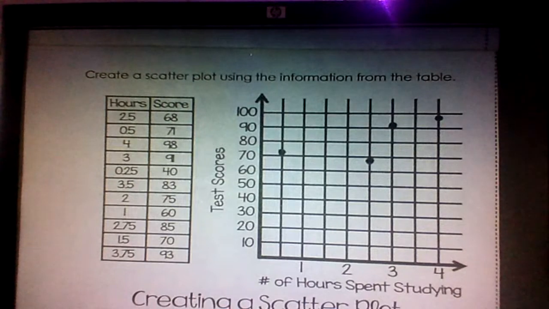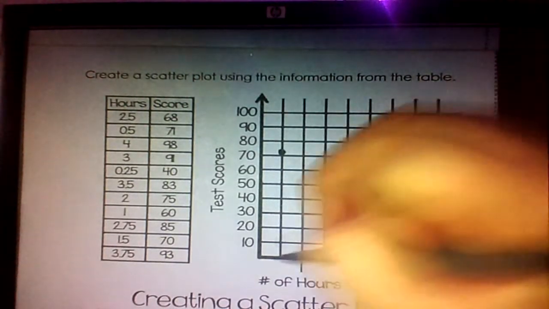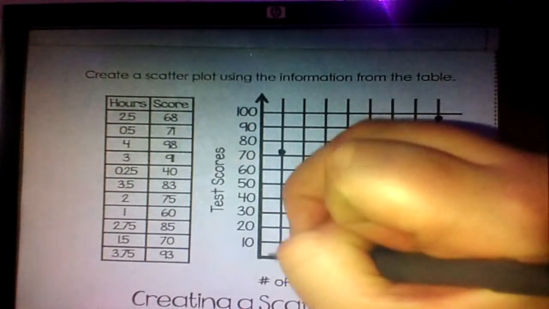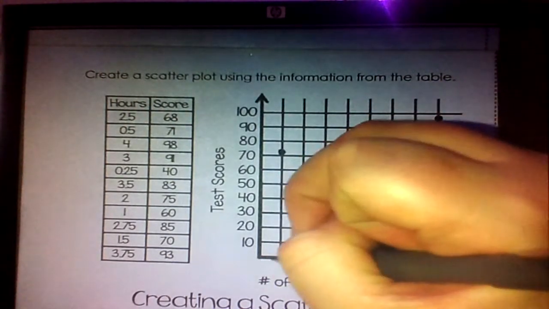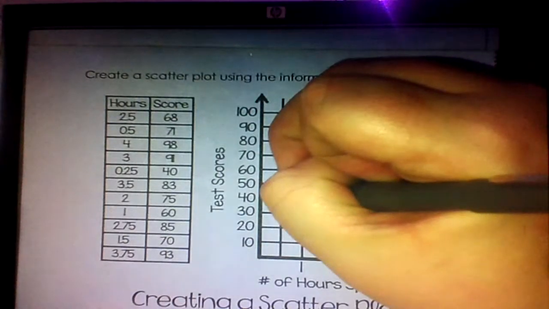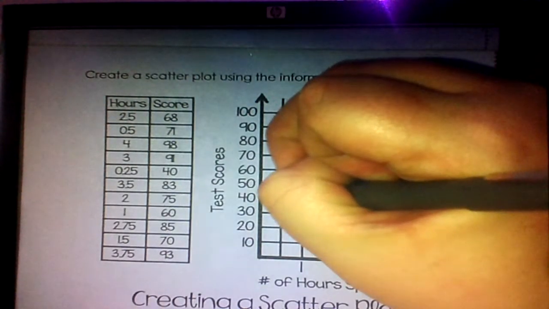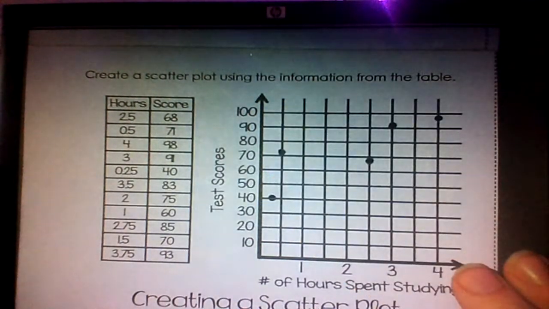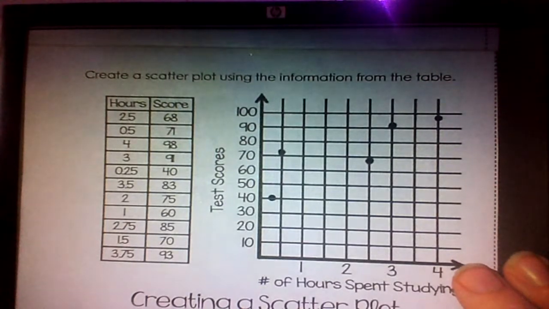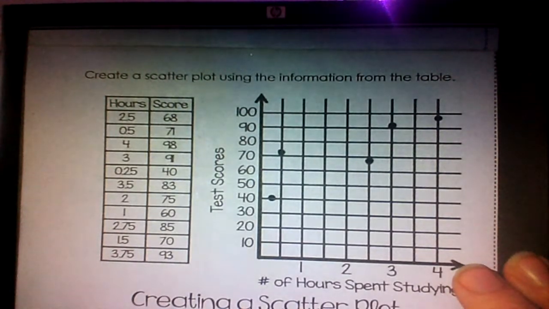The next one is 0.25, 40. So 0.25 is somewhere in the middle between 0 and 0.5. So we're probably somewhere like right here. We're making these as accurate as we can. It's not going to be perfect.